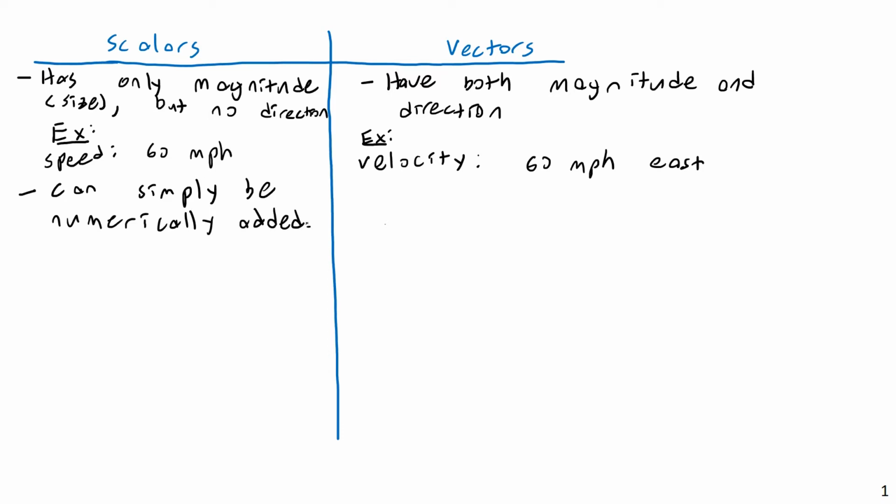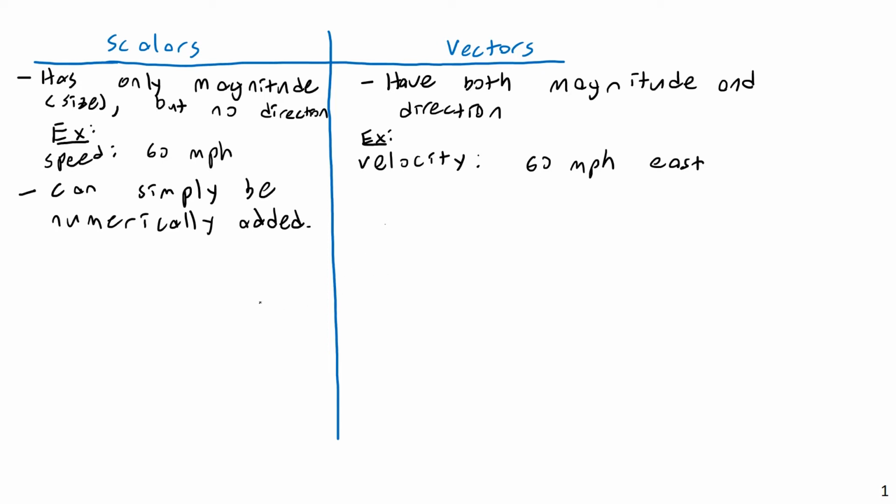If I talk about something like electric potential, voltage, that sort of thing, if two different point charges are producing potentials at a point, and one is producing a 20 volt potential and another is producing a 40 volt potential, I can simply add those together.